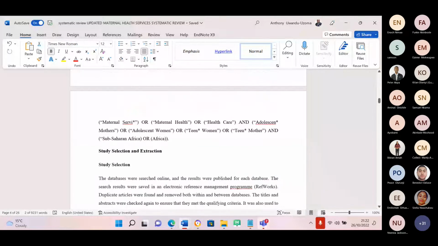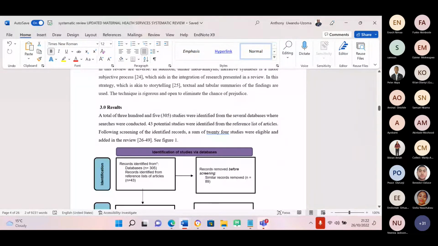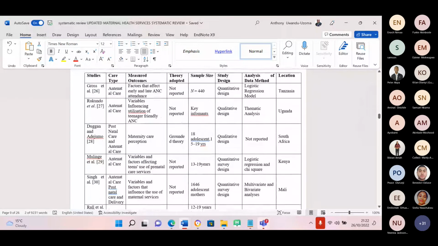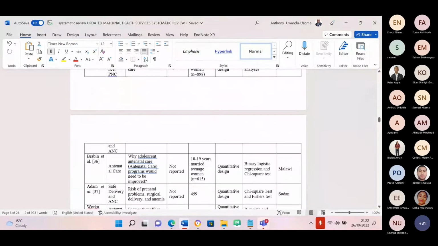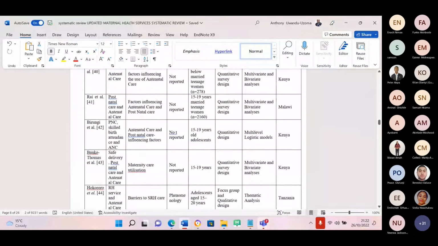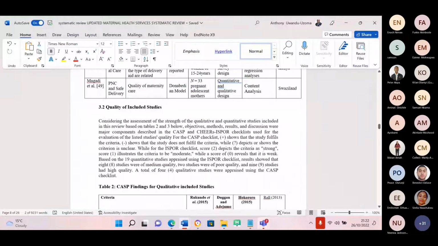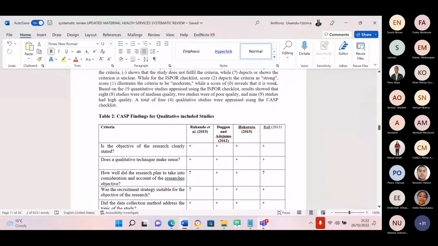you can see all the studies are listed, what you were able to use for your review, one by one. Then you also list the appraisal tool, the CASP tool that you used to review each study. So you don't need to put this section here.